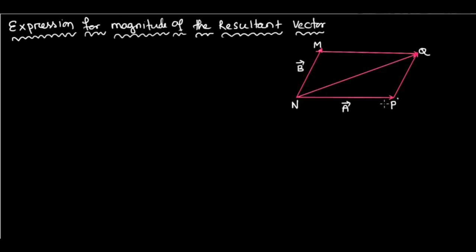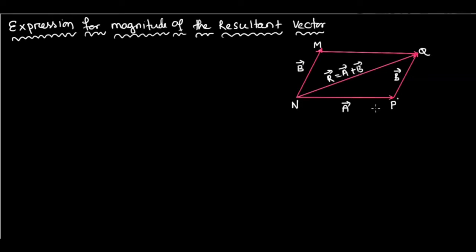So if NP is vector A, then MQ is also vector A. Similarly, NM is vector B, which implies PQ is also vector B. Now this side NQ represents vector R, so R vector is equal to A vector plus B vector.